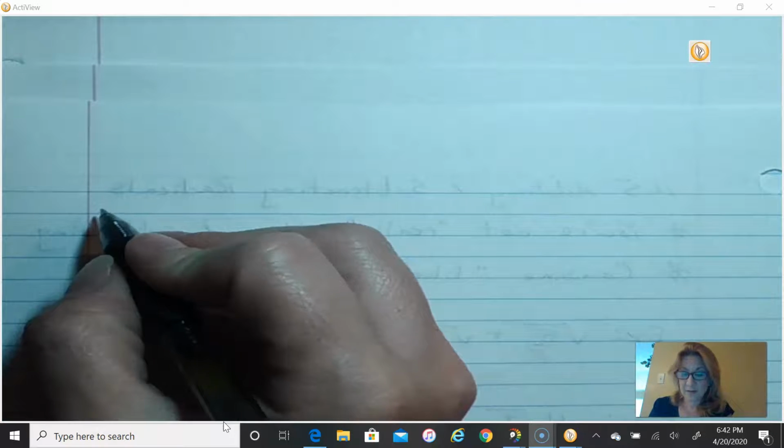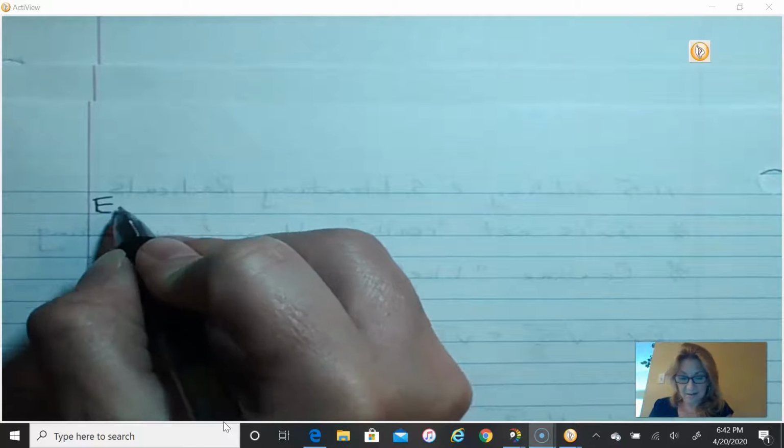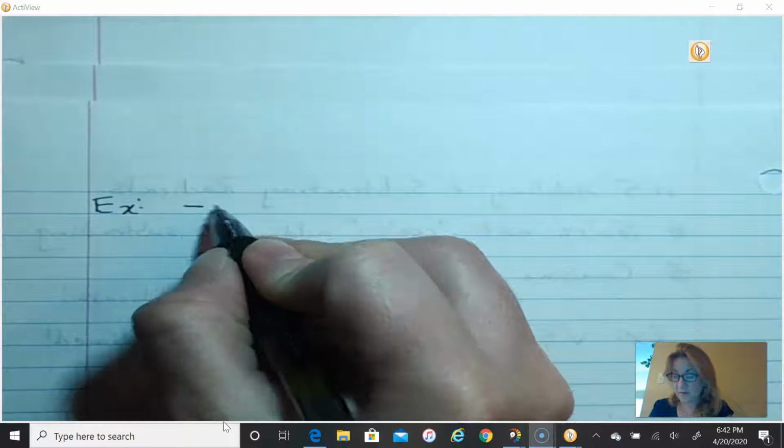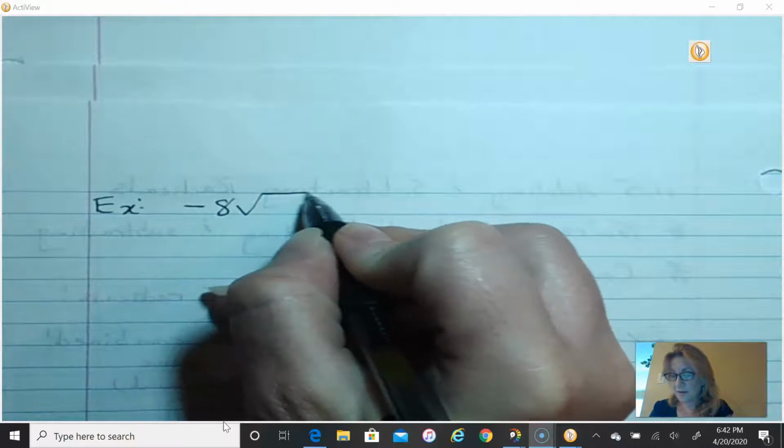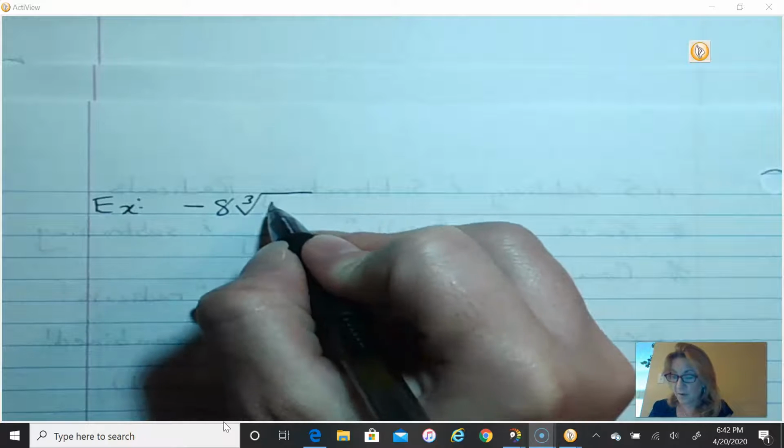All right, next example. This one's kind of weird, okay? This is a hard one. But I purposely gave you a hard one, because if you understand this, then you're good to go for all the easy ones.